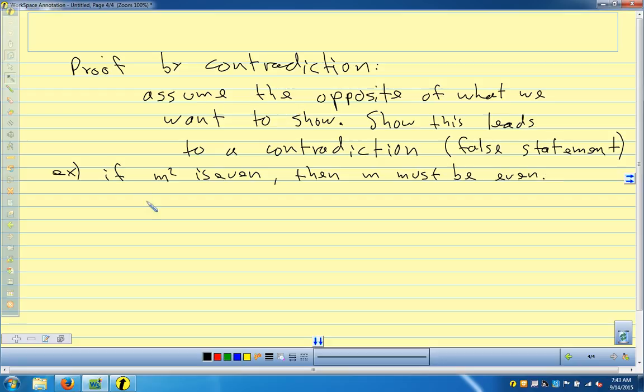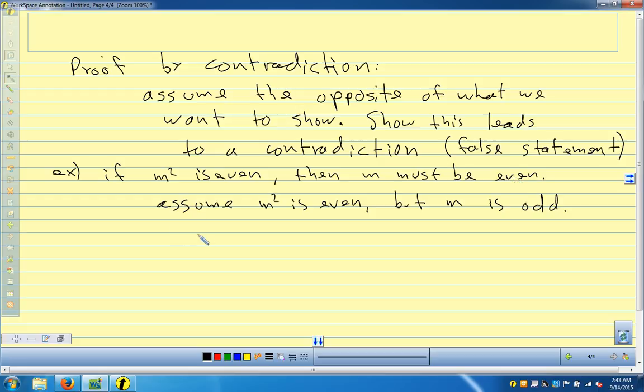We're going to assume m squared is even, but m is odd. And we're going to show that this leads to a contradiction. So we're assuming that m is odd.